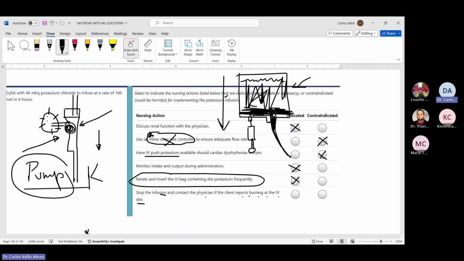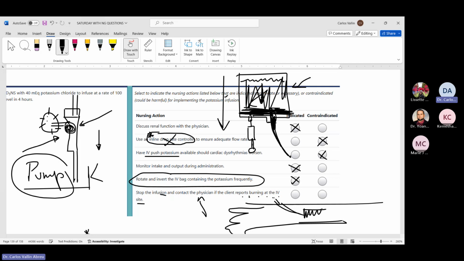Stop the infusion and contact the physician if the client reports burning at the IV site. Okay, it is controversial. Burning at the IV site, if there is a peripheral venous access device, is expected when potassium is administered. Of course, it could also be a sign of infiltration or extravasation. Yes, you need to assess the site if the client is complaining of the burning sensation.